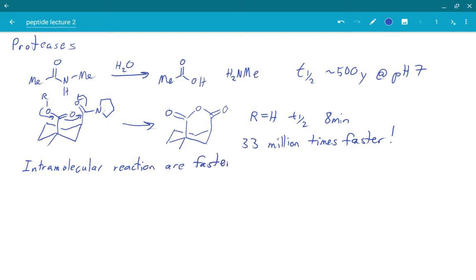So intramolecular reactions are faster, but that's not really enough. They're faster, especially when the reagents are properly positioned.